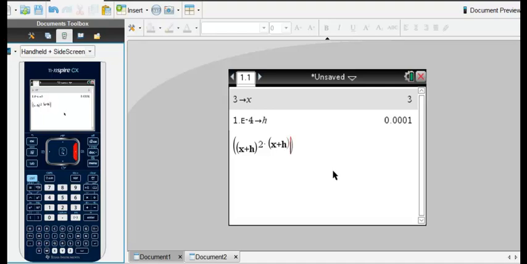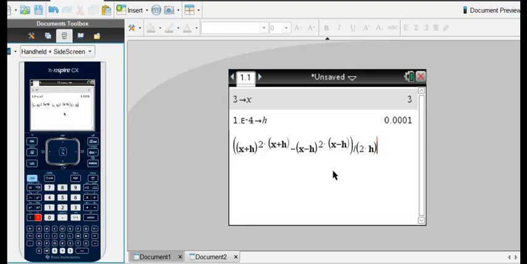Get out of there, use your arrows to get down where we need to be, subtract parentheses x minus h to the power 2 times x minus h, and parentheses around the whole numerator, and divide by parentheses 2 times h.